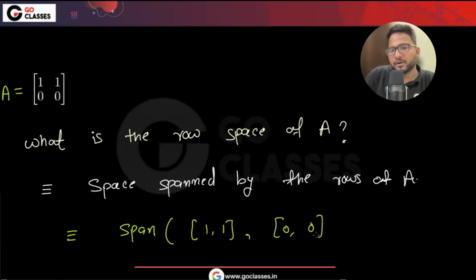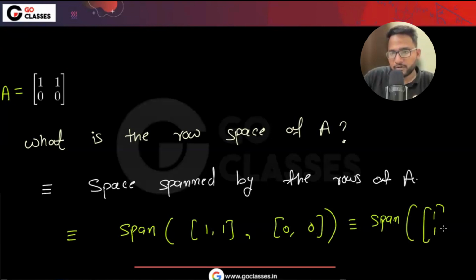It doesn't really matter whether you write that in column form or vector form. Is this definition okay to everyone? That this is the space spanned by the rows of this matrix, right?